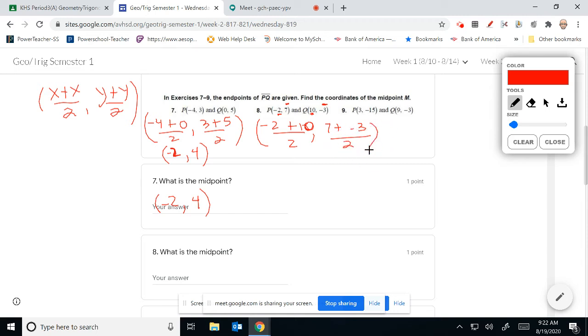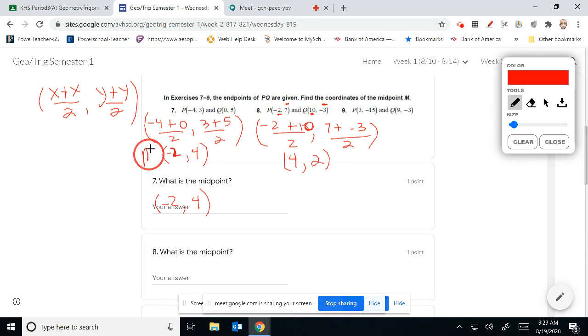So negative 2 plus 10 is going to give me an 8. 8 divided by 2 is going to give me a 4. So 4 is the halfway point of negative 2 and 10. 7 plus negative 3 is positive 4. Divided by 2 is positive 2. So 2 is the halfway point between 7 and negative 3. And that would be number 8, 4, 2.